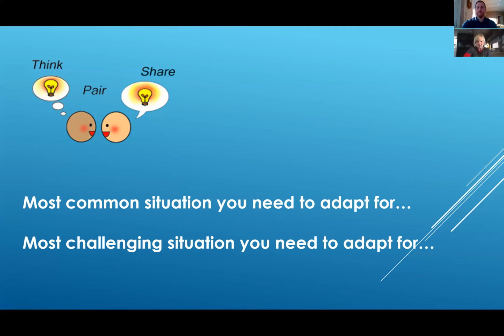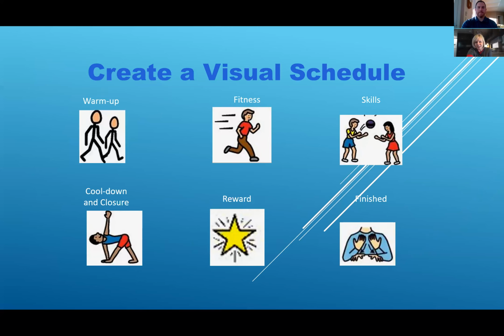Awesome. I mentioned a visual schedule earlier. Some of my students are very visual, and they need to know what's coming next. So I might have a schedule that has the warm up, the specific activity that we're doing, a reward for them when we're finished.